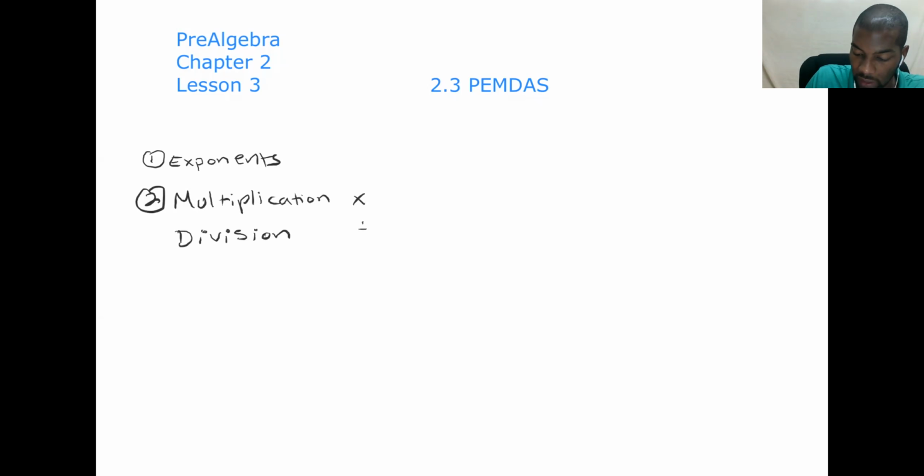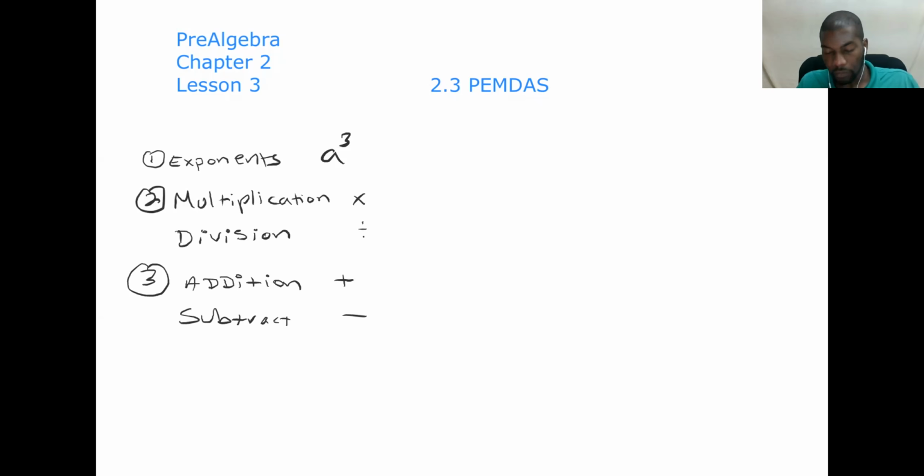And then we finally finished out with addition or subtraction. There's the addition, and here's the subtraction. And you can tell already that there is a certain pattern forming when we evaluate number expressions.